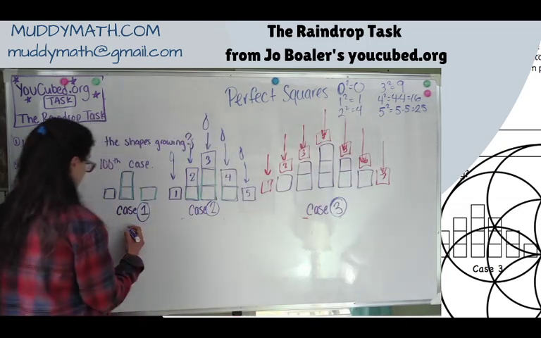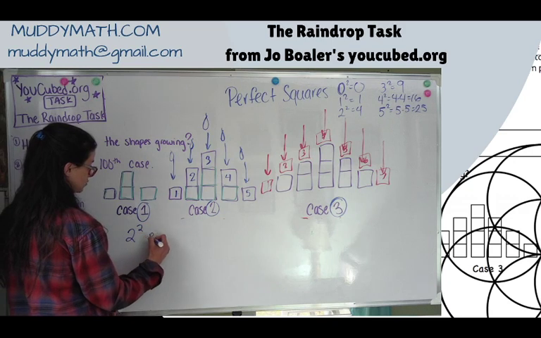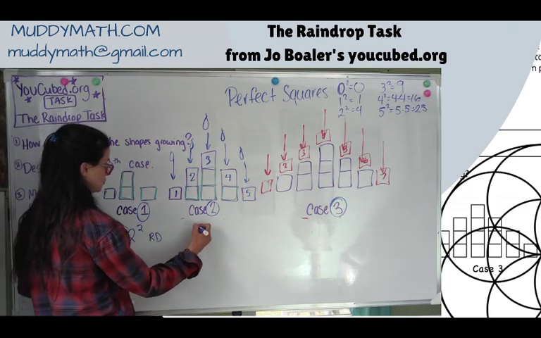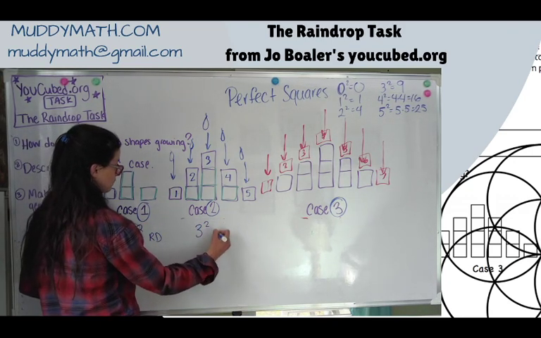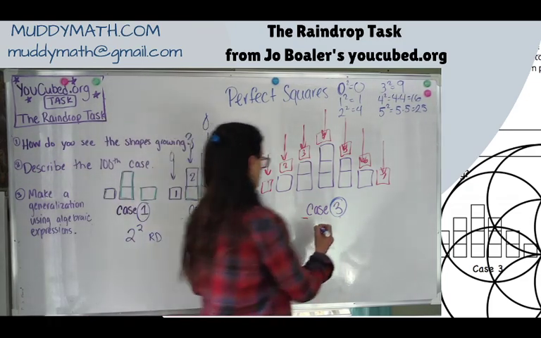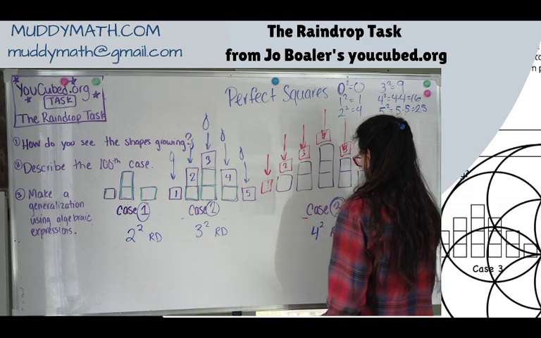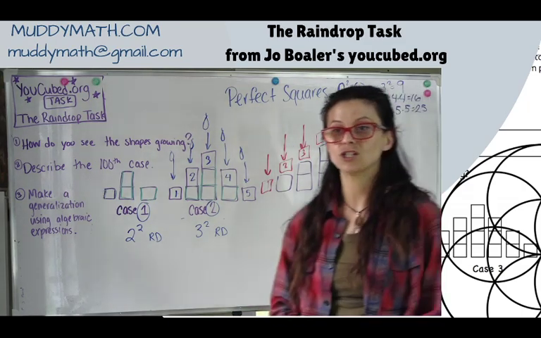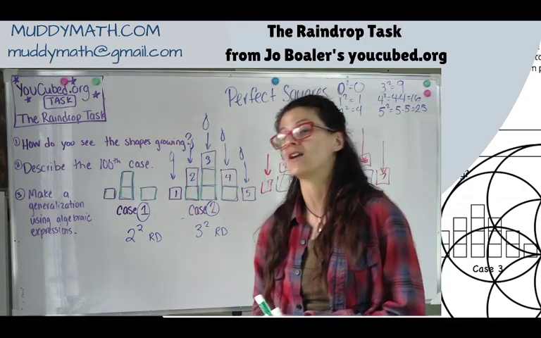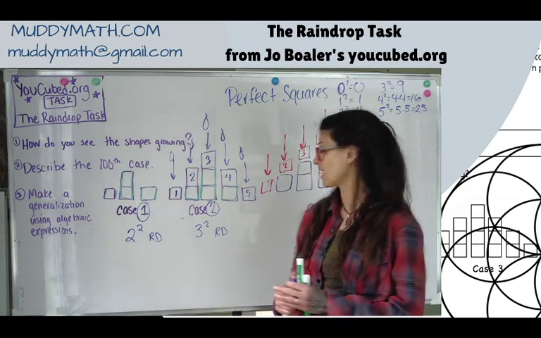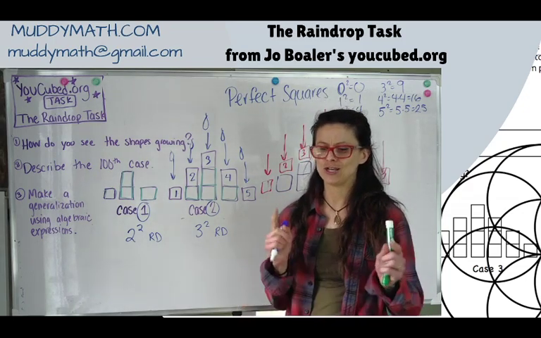So we have 2 squared raindrops for case 1. Case 2, we have 3 squared raindrops. And for case 3, we have 4 squared raindrops. Well, how can we use an expression to correlate these cases no matter what it is? The 100th case, the 1000th case, the 0 case, the null case?